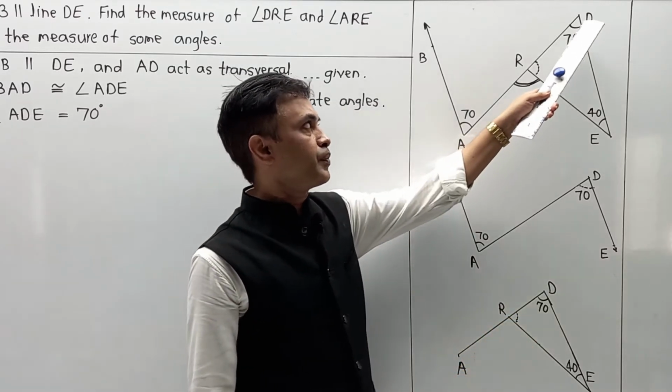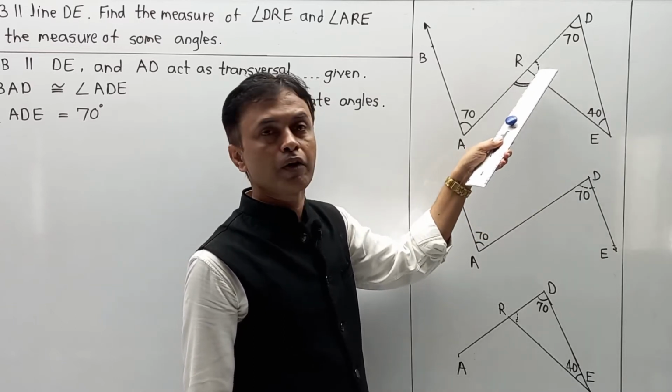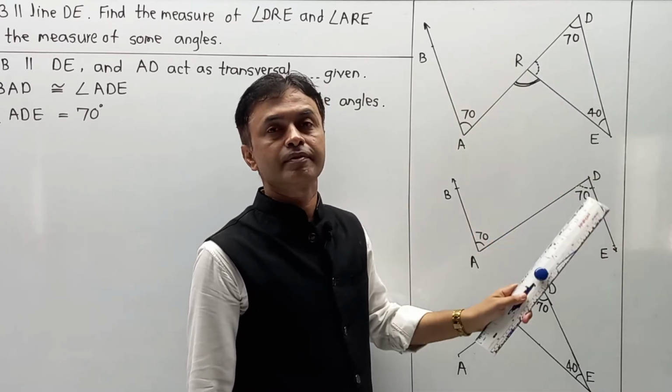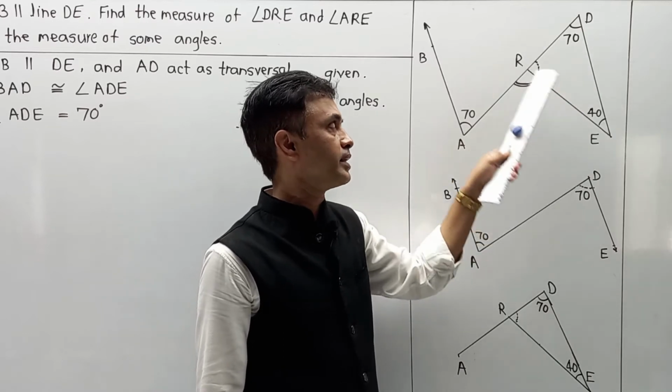Again from the same, we know D as 70 degrees, we know E as 40 degrees. We can find the value of angle R because we know that the sum of the angles of a triangle is 180 degrees. Means we are describing the condition of triangle DRE.